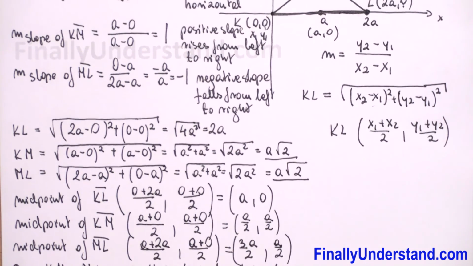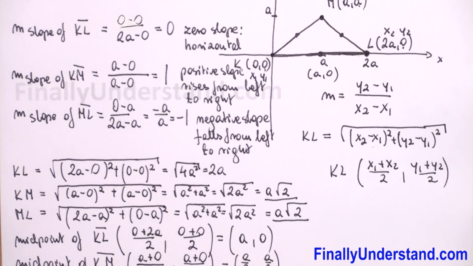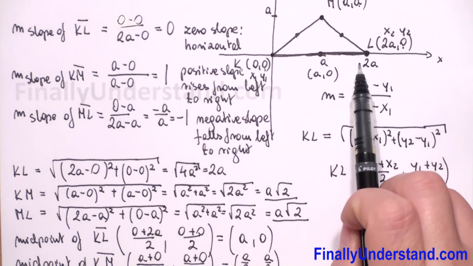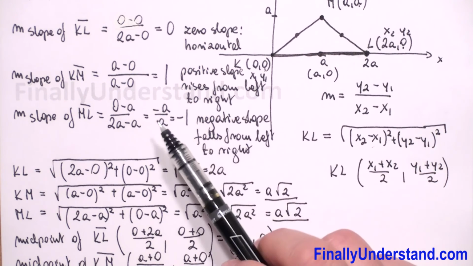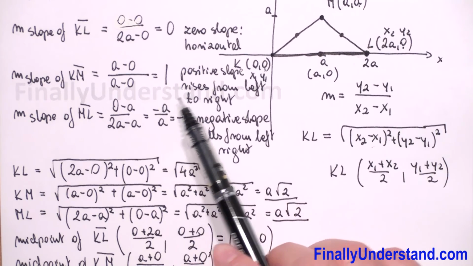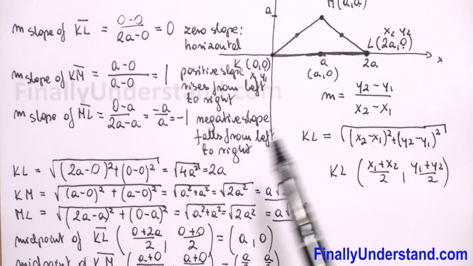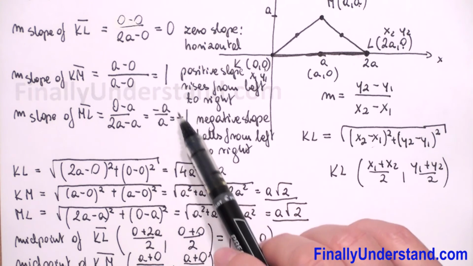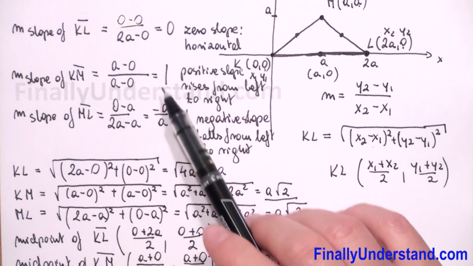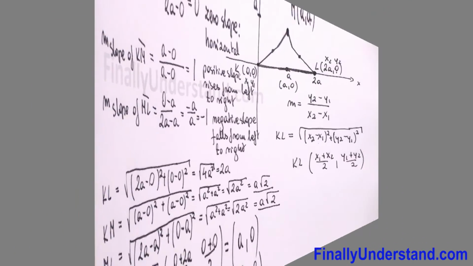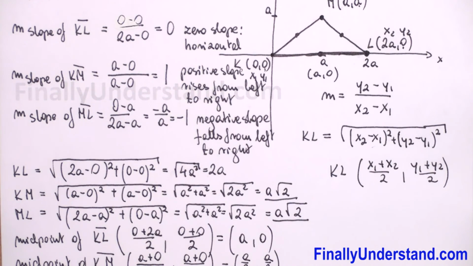We got that KL line is horizontal, and what else we have, that KM is positive and ML is negative, and we see when you multiply these two slopes you will get -1, and we know that in coordinate plane two non-vertical lines are perpendicular if and only if the product of these slopes is -1.